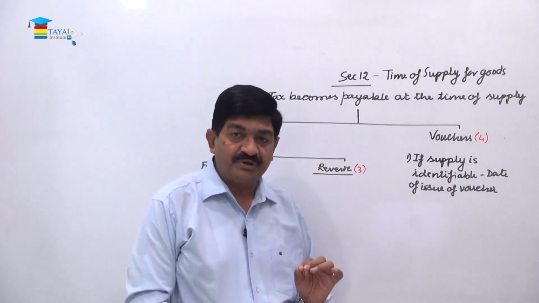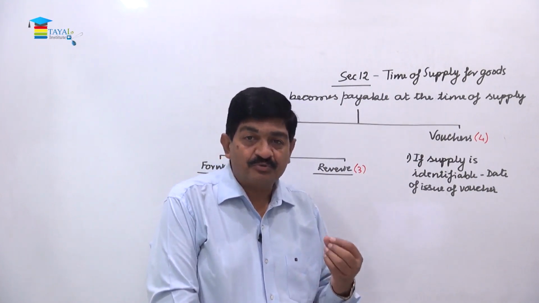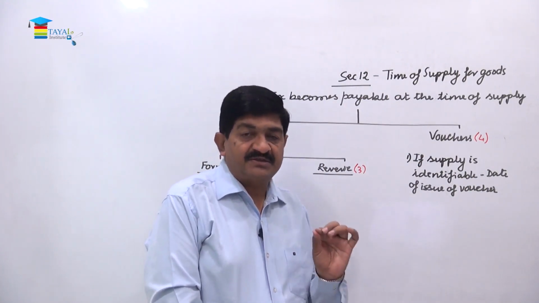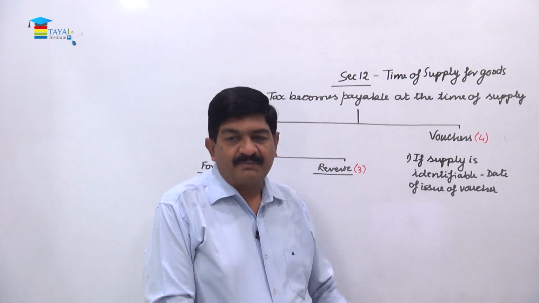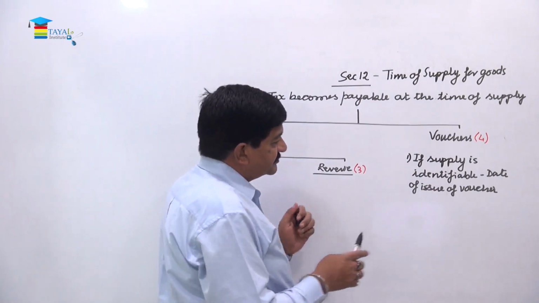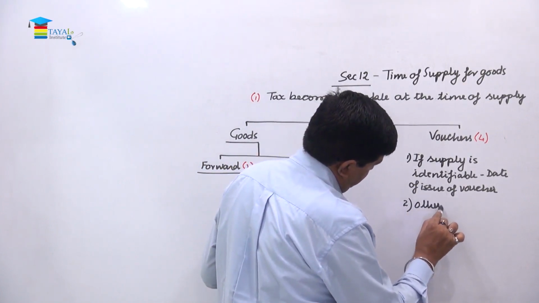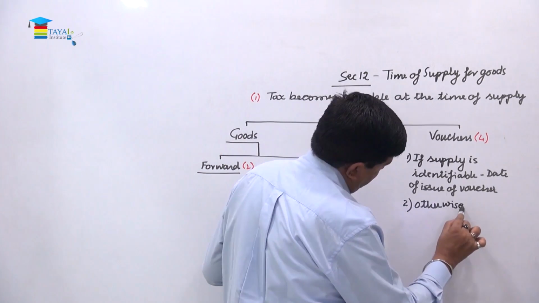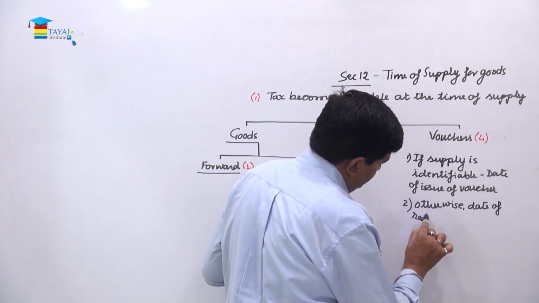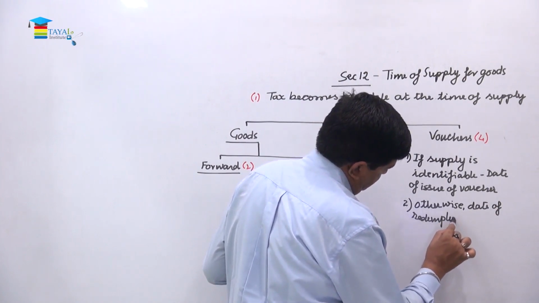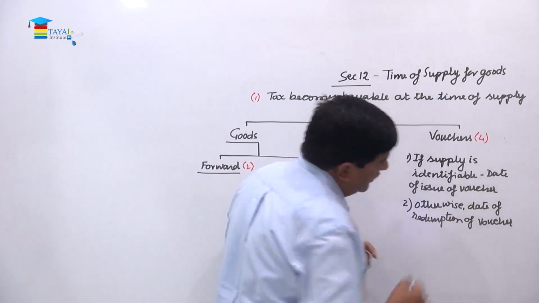So we have a voucher, supply is specific, place is specific, and you can also say that date may also be specific therein, right? That this voucher is redeemable at this and this place for this article by this date. Then we say that supply is identifiable. Otherwise, date of redemption of voucher.